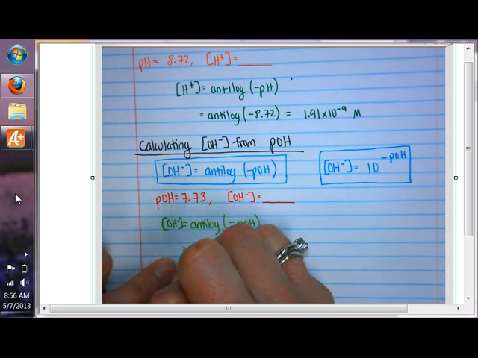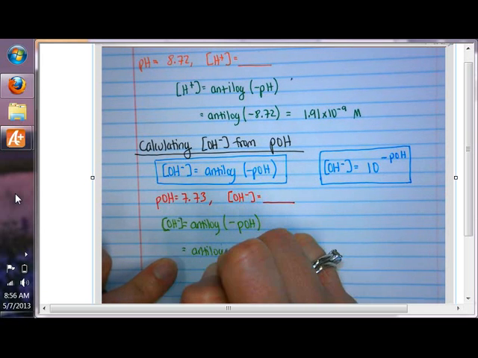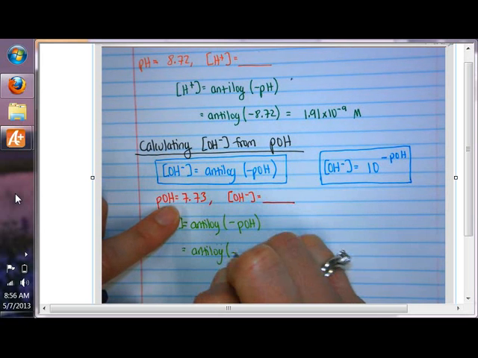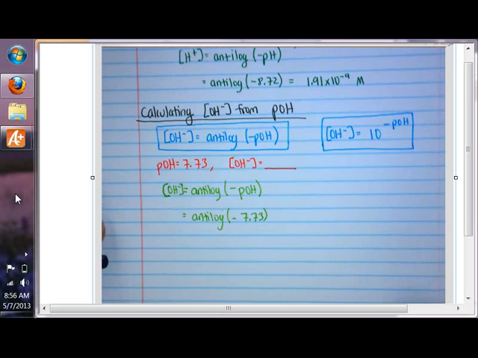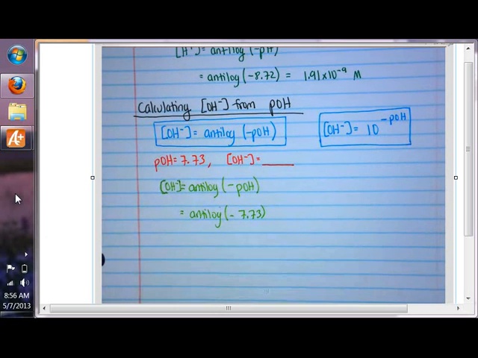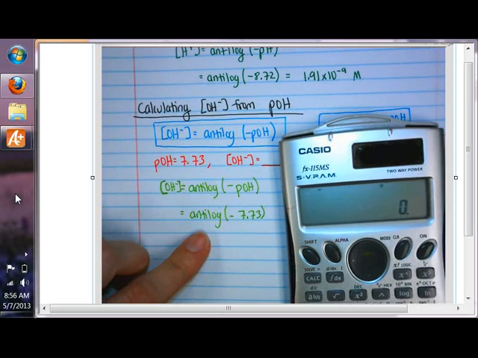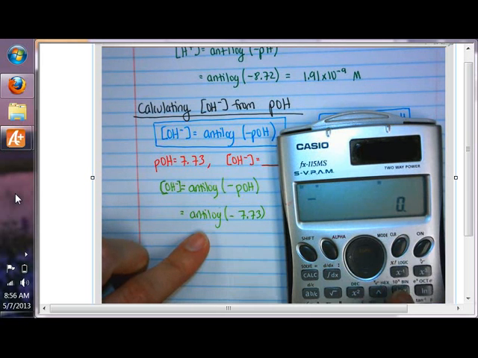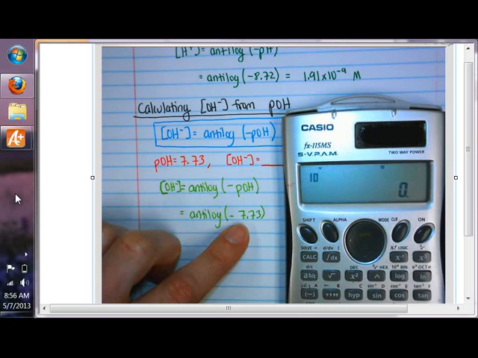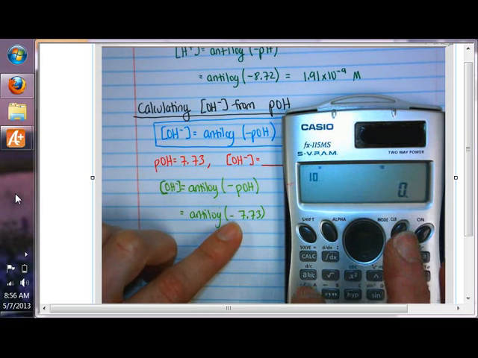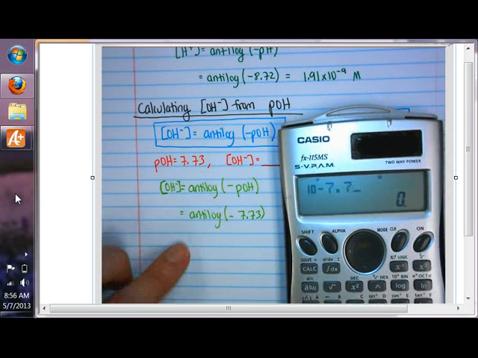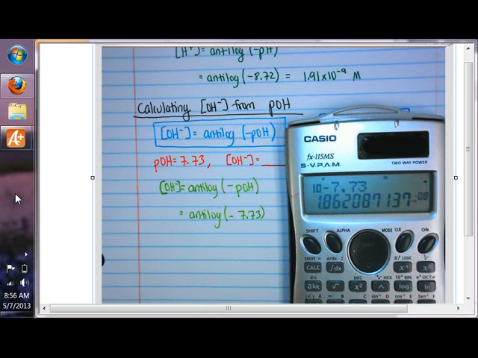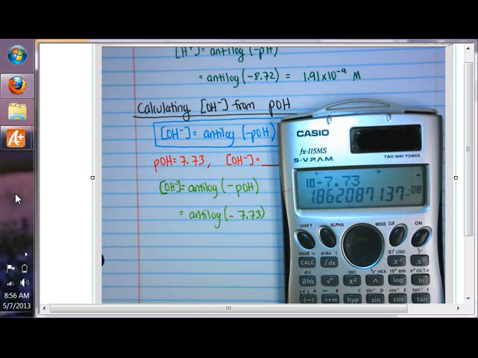So if I take the antilog of the negative 7.73, let me move this up for you. There we go. So typing this into my calculator, I'm going to hit shift or second log, and I'm going to do a negative pOH. So negative of the pOH, 7.73. And my calculator spits out 1.86 times 10 to the negative 8.